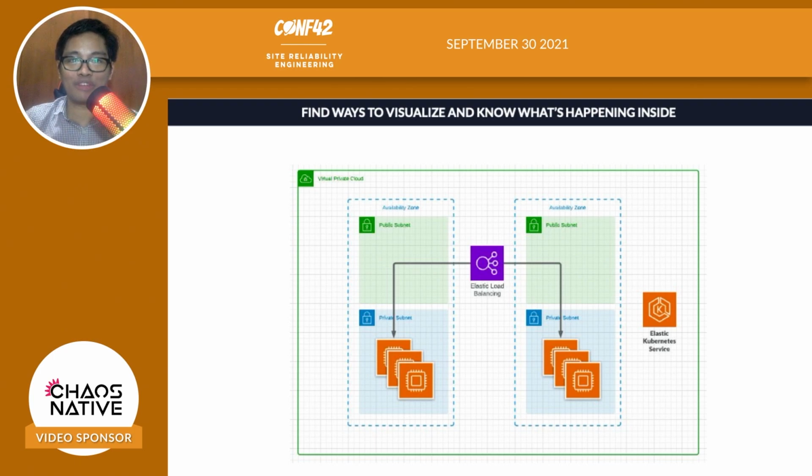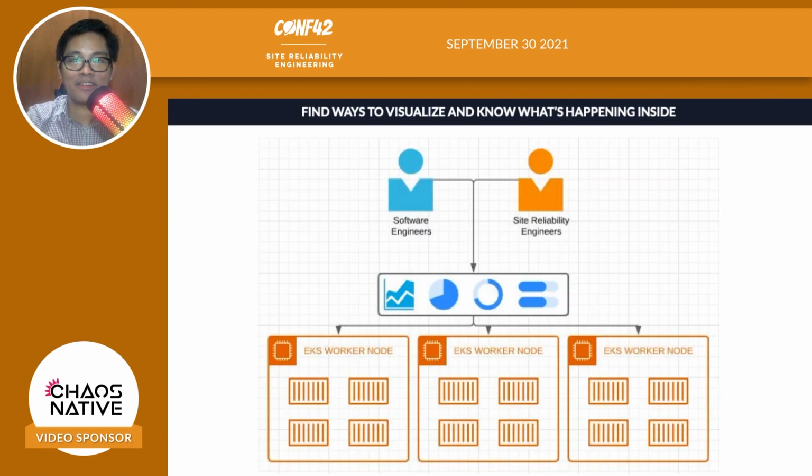And finding ways to visualize what's really happening, especially knowing the metrics, knowing what's wrong, knowing what part of the system is not working and what parts are working, it's not that easy as we are talking about it right now. So what we can do about it is, maybe we can start using additional tools on top of the Kubernetes setup and allowing different end users to access those monitoring tools.